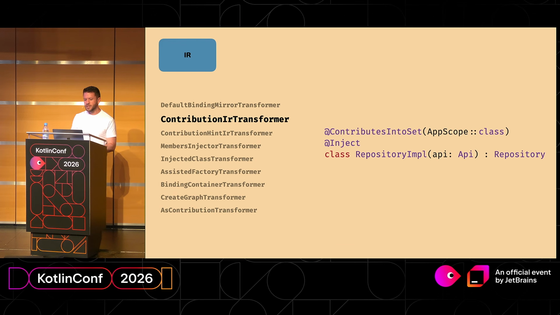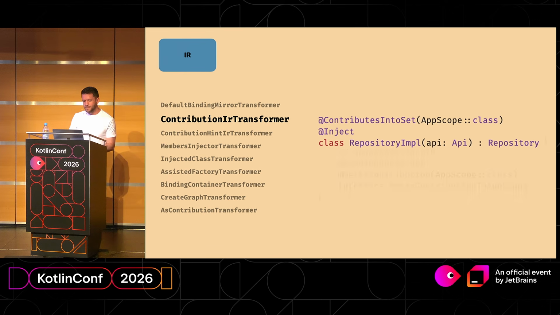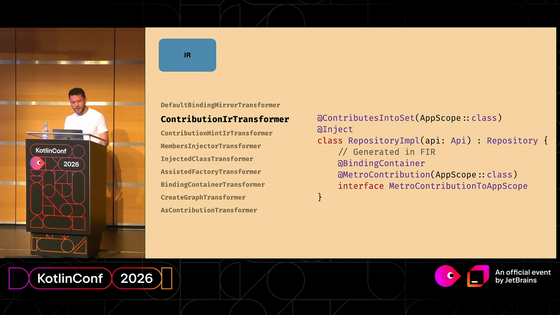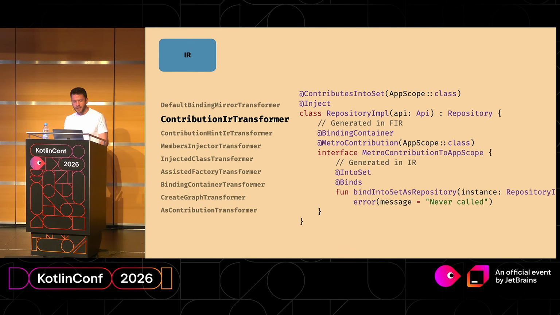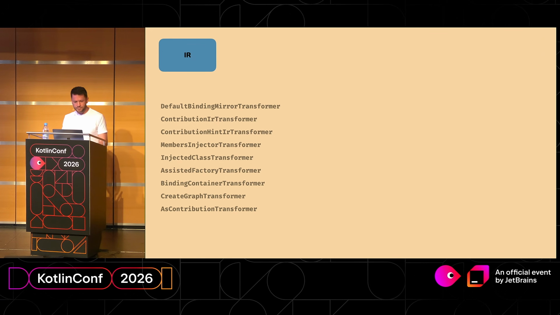This is where we fill in those Metro contribution interfaces for contributing types. We get, again, this class in FIR, and then IR comes in and generates the rest. Here's that binds declaration I was mentioning earlier. It's running off the screen, but you get the gist. We also make a record of this contribution to its given scope while we're processing this, for record keeping later whenever we need to generate the actual graph.